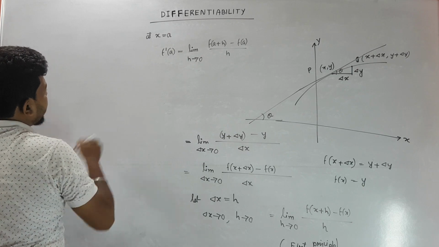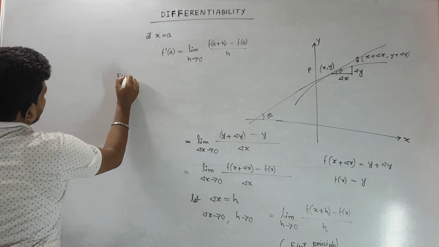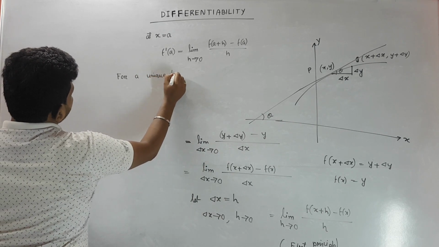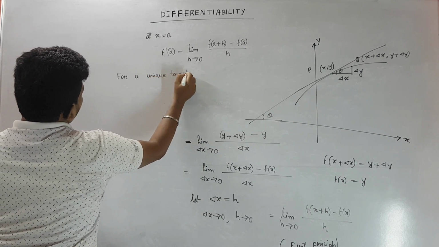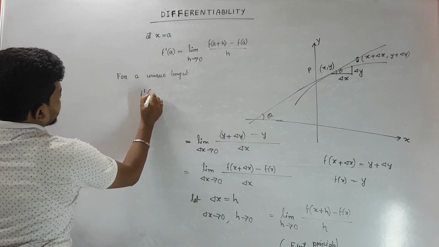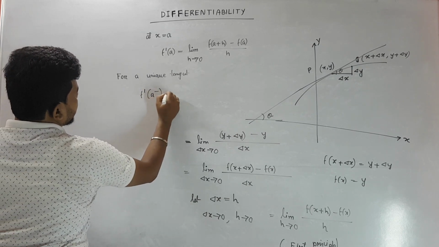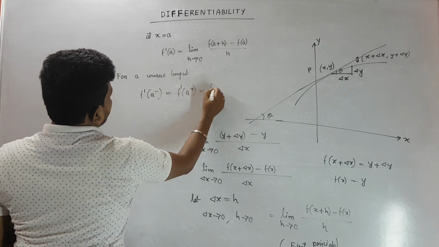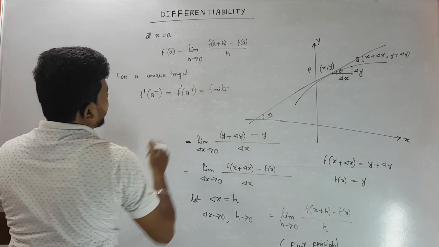For a unique tangent, f dash a minus is equal to f dash a plus is equal to a finite quantity.